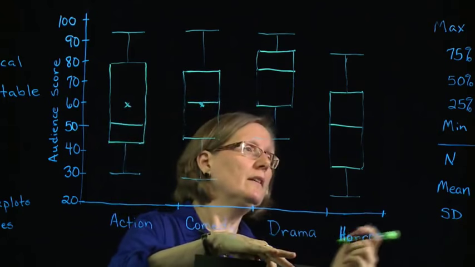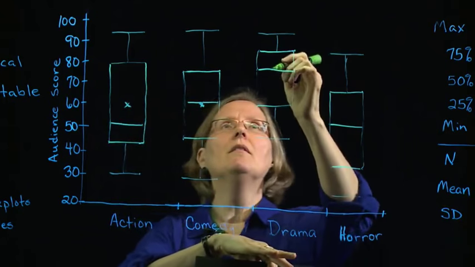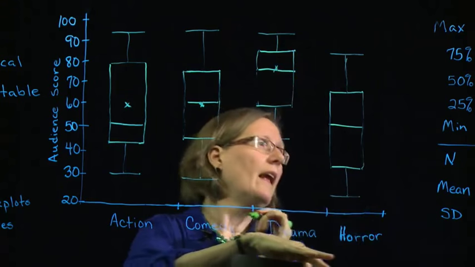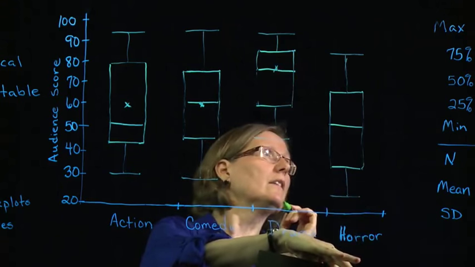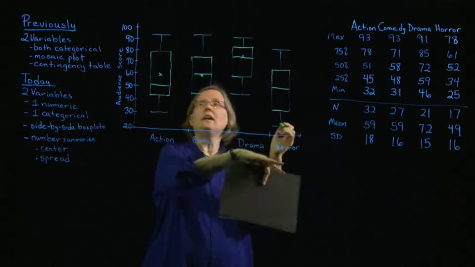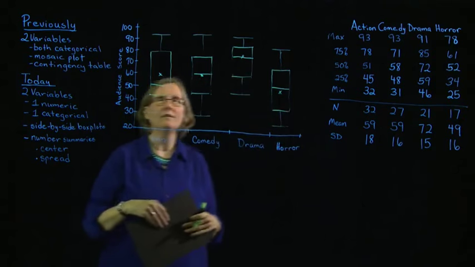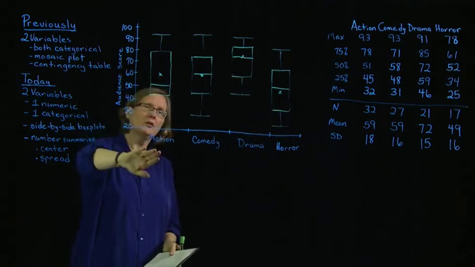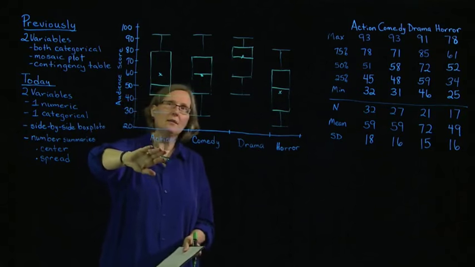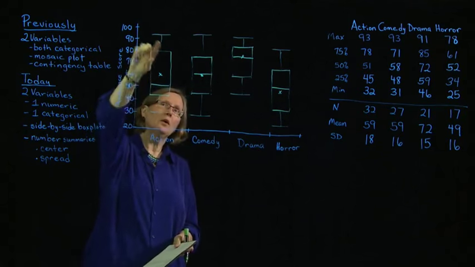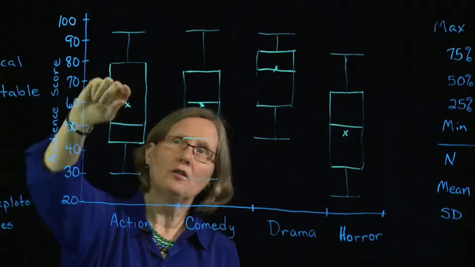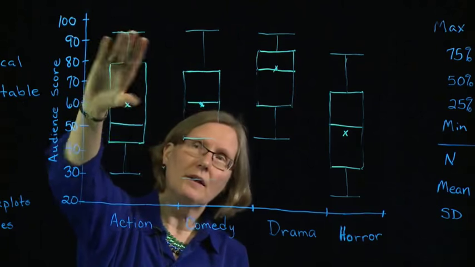The mean of drama was 72, and of the horrors was 49. We can see that in the action where the data was very asymmetric, the mean is pulled towards the tail because of this skew.